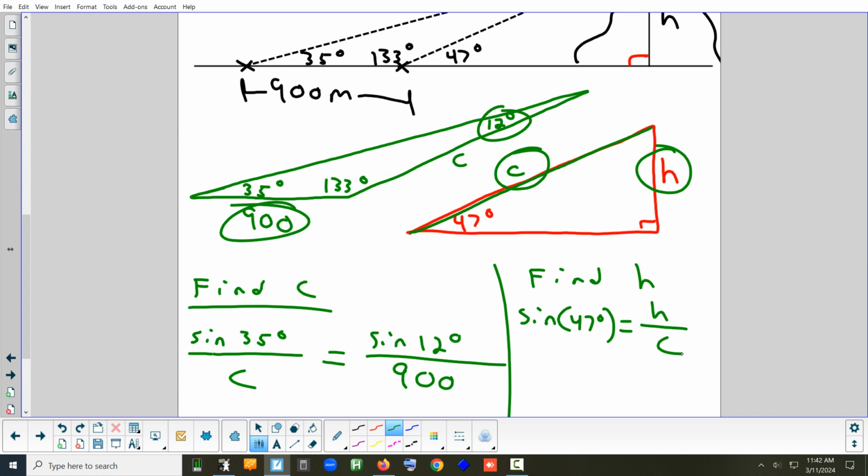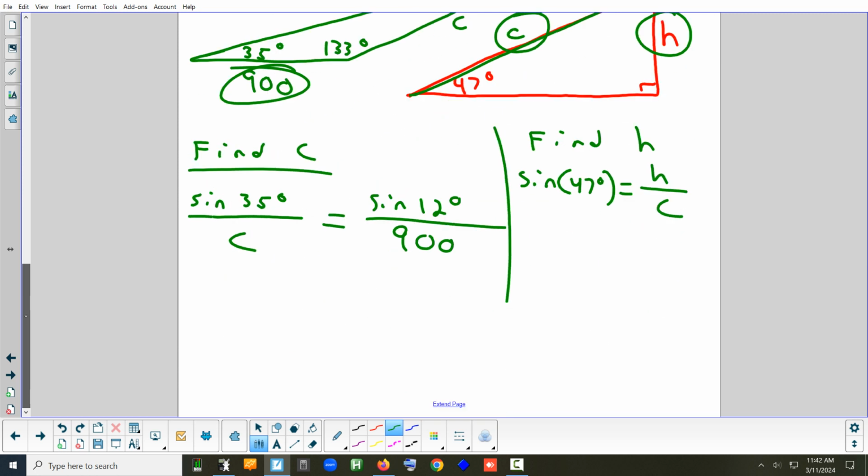It is a tricky letter to use. So opposite over hypotenuse, and here you know C. So what's the height? You do C sine 47. There's your height. You know C because you would have just figured it out from the last part, and you can plug into the calculator. Yep.